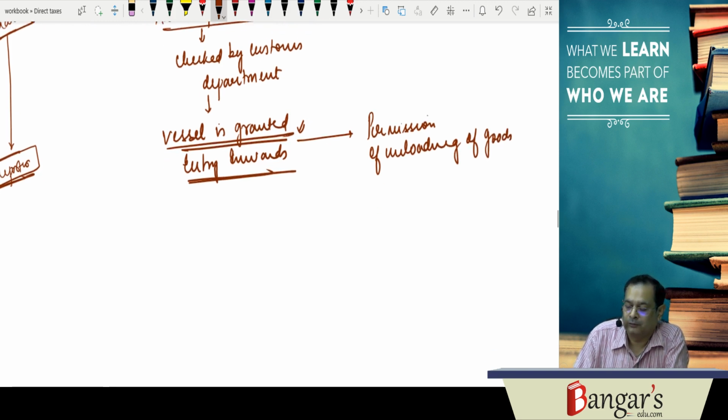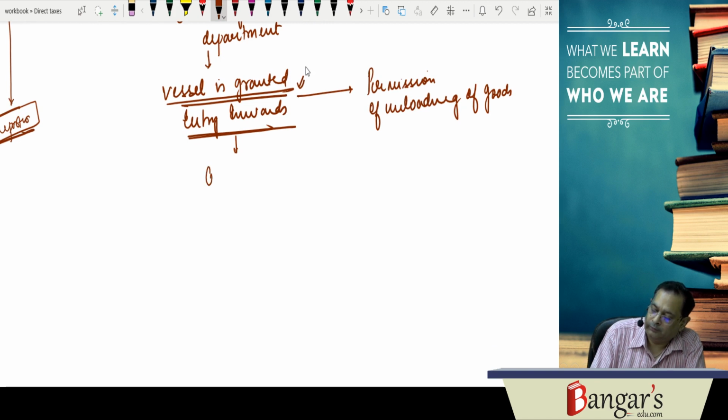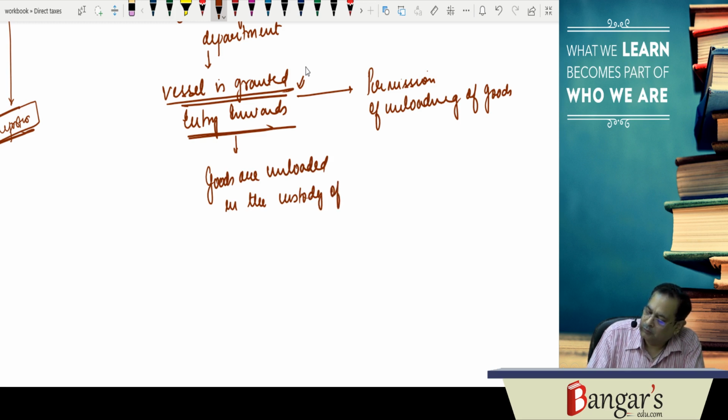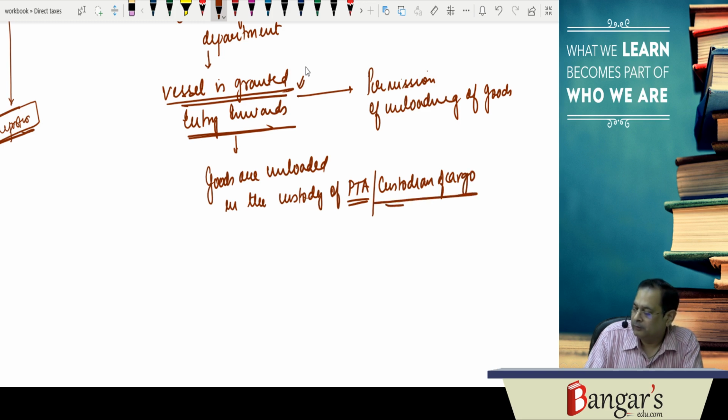Now here, the goods are unloaded in the custody of the port trust authorities or the custodian of the cargo.